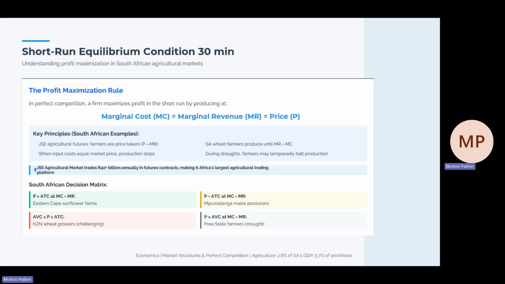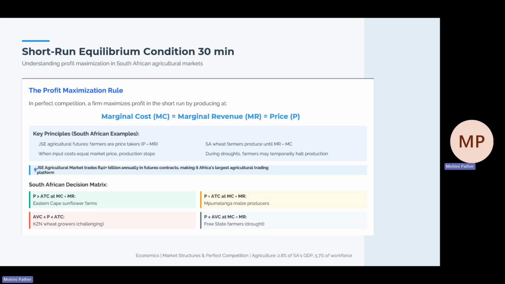Again, farmers are price takers, which means that their price is already equal to their marginal revenue. Wheat farmers produce until their marginal revenue equals their marginal costs.